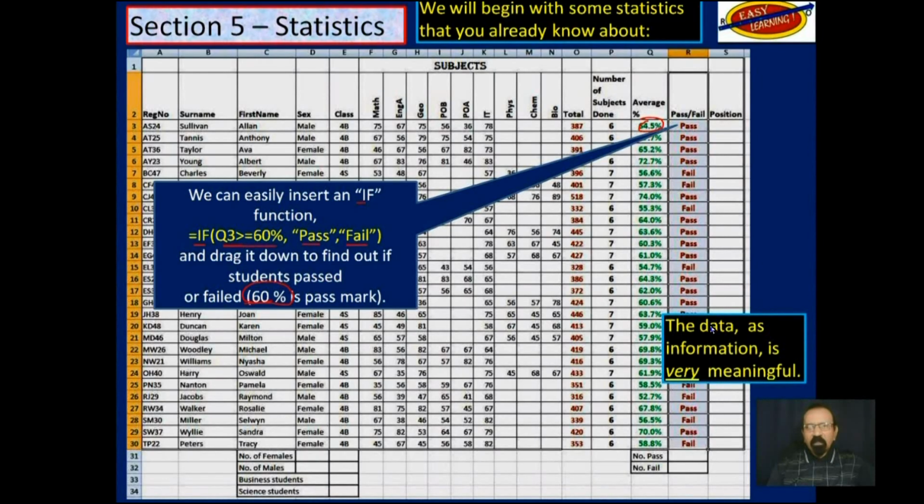It is now much more meaningful. You can see that this first student here, Alan, passed, whereas this next student here, Beverly, failed. Since we are using 60%, now, of course, if you were using 50%, then both of them would pass.